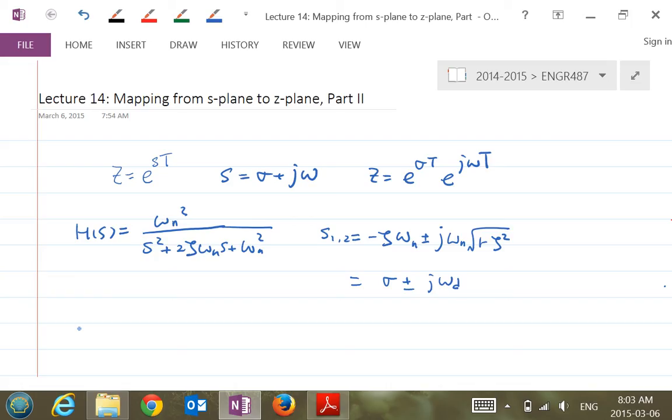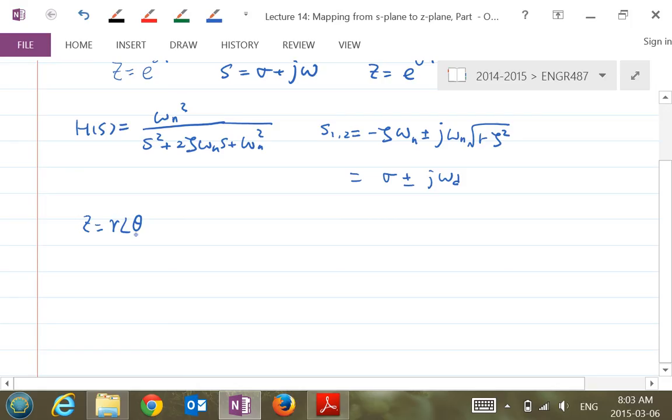But you should also know that if I map this pole into the Z-plane using this equation, you end up with Z equals r angle theta.